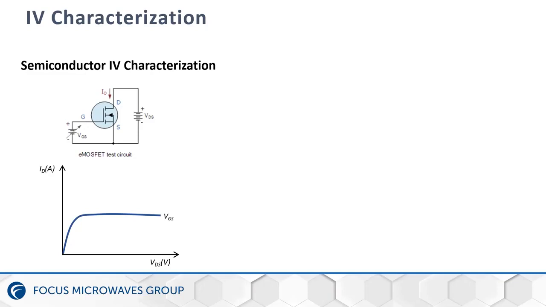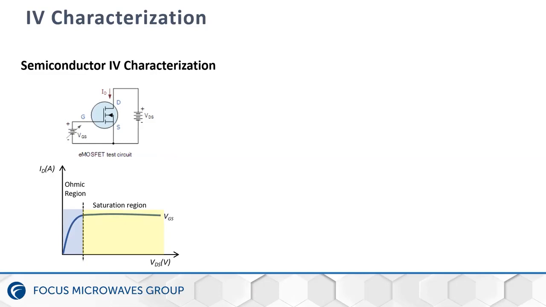Looking into this curve, we see that it can be divided into two regions, the ohmic region and the saturation region. In the linear region, which is the ohmic region, the conduction channel basically acts like a resistor. If we continue to increase the voltage, the channel potential will reduce the current, and we will get to a point where we no longer see any change in this current.